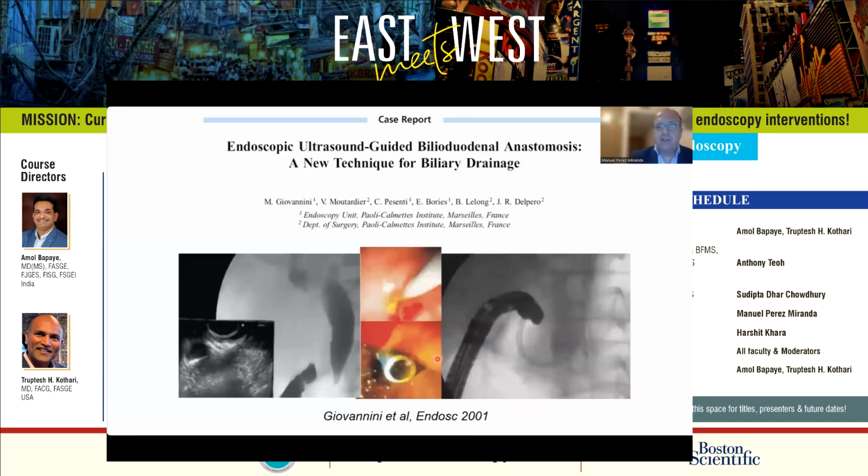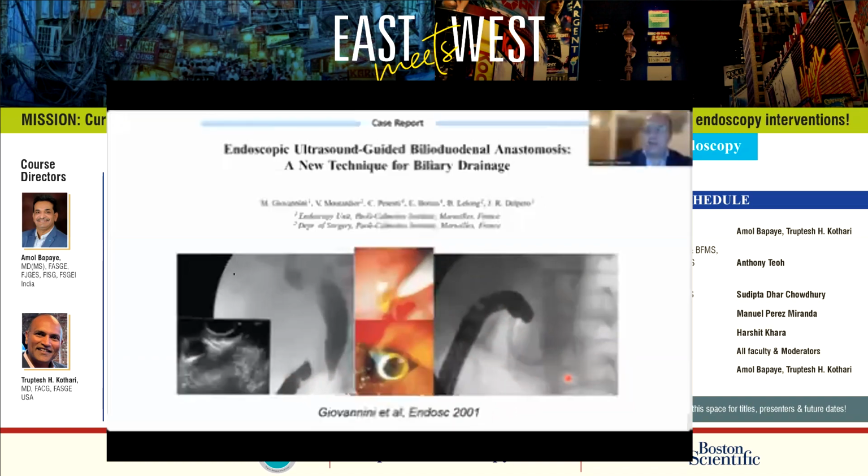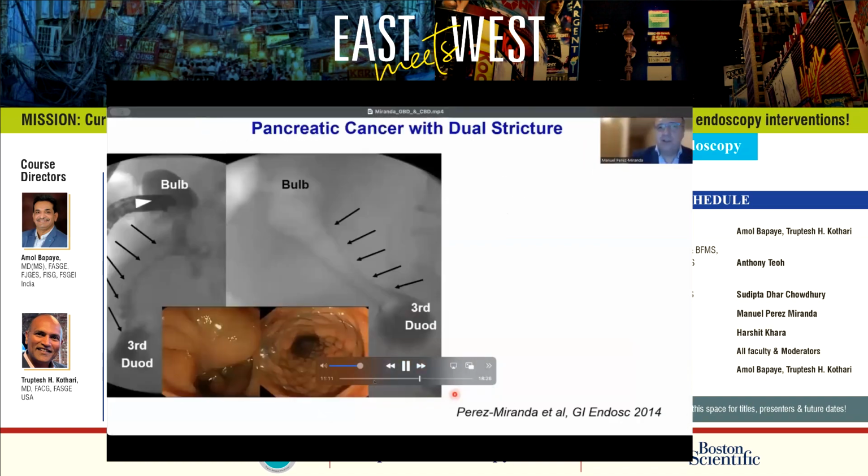The first biliary drainage report came 23 years back, and a diagnostic EUS scope was used and exchanged over the wire for a duodenoscope, and then drainage accomplished with a plastic stent. Obviously not a very reproducible procedure, and not 100% safe because of the risk of leakage.